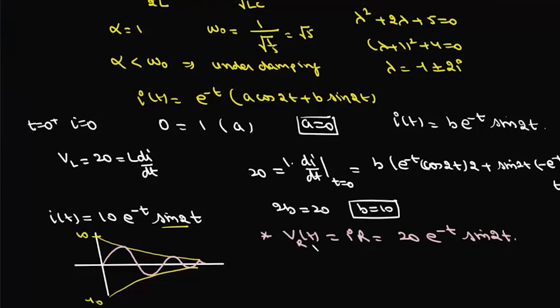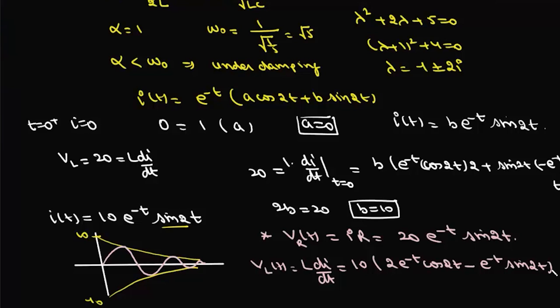Now voltage across inductor will be L di by dt. Now L is 1, and if we differentiate this, we'll get this as 10, this is 2 e to the power minus t cos 2t, and then derivative of exponential function, minus e to the power minus t sin 2t.